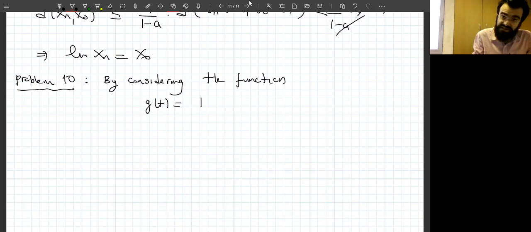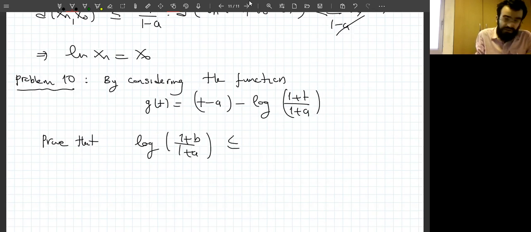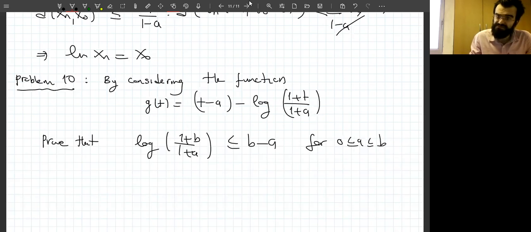This function given like this, minus log, prove that logarithm of 1 plus b over 1 plus a is less than or equal to b minus a for 0 less than or equal to a less than or equal to b.